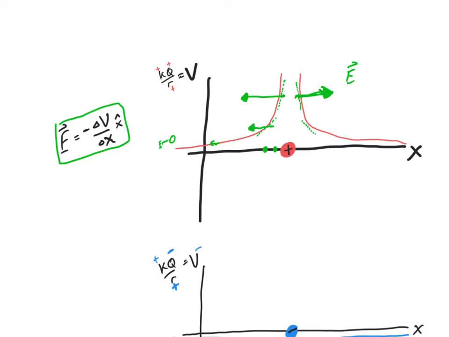Here the slope is significantly less, but in the same direction. And way out here, this is basically flat. So we get an electric field that's basically zero way out there. But it's actually a very small value in the positive x direction.